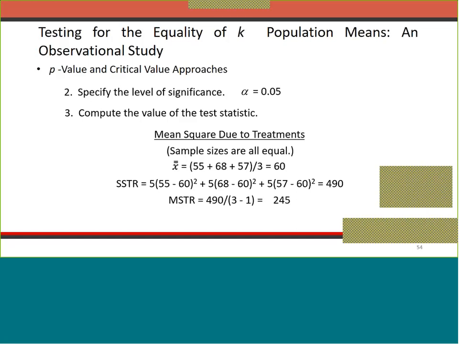So coming out to be 490. Now the mean square due to treatments, MSTR, is SSTR 490 by number of treatments 3 minus 1, that is 2, so 245.